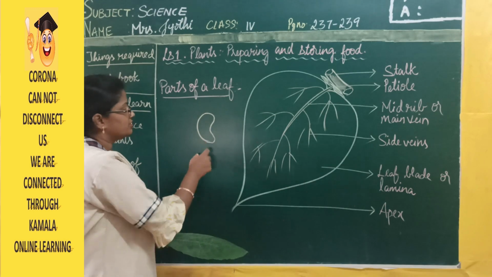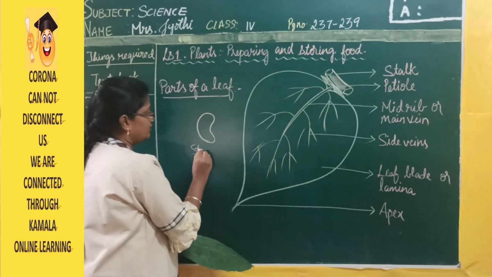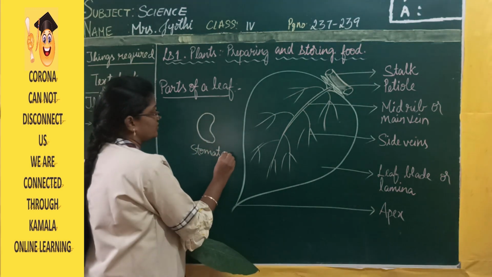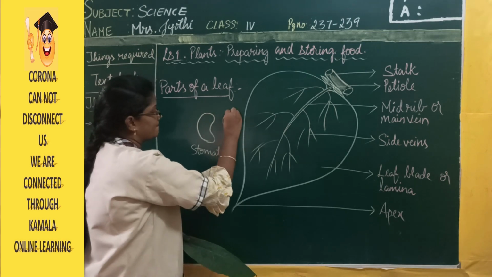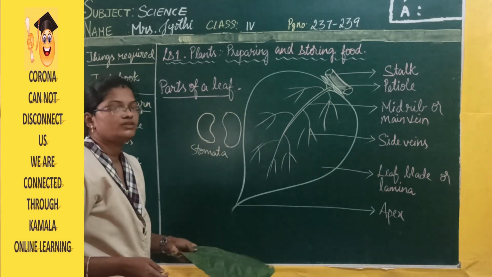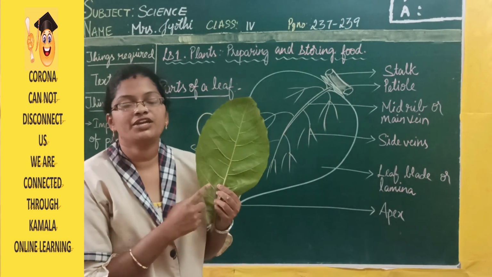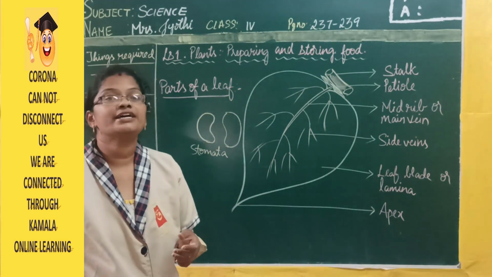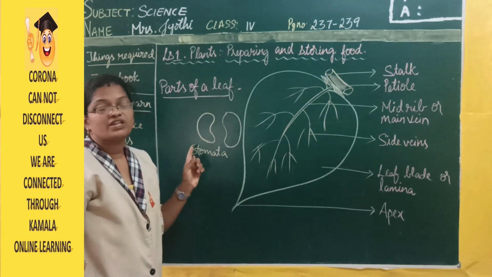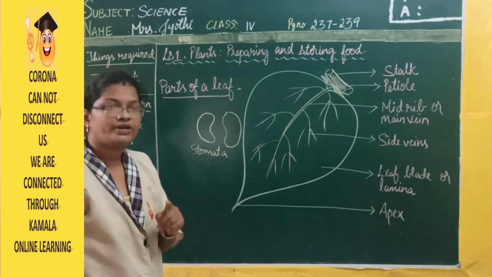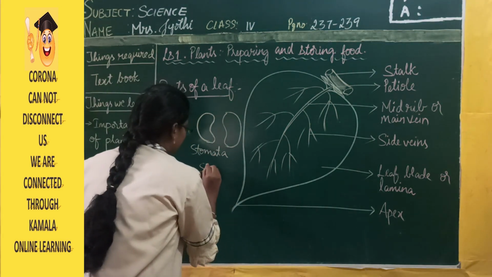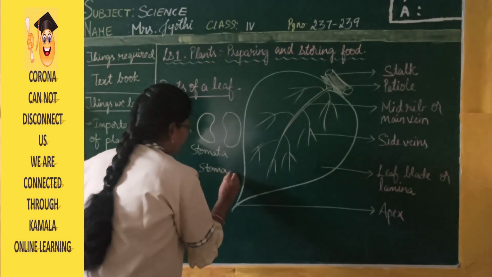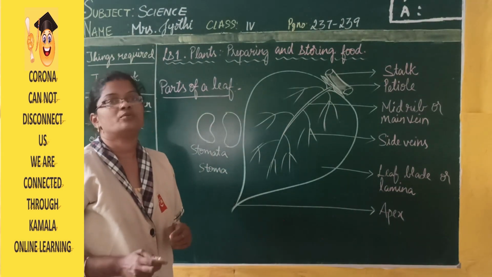This bean-shaped structure is nothing but the stomata. So on the lower side you can see bean-shaped structures which we call stomata. And the singular form of stomata is stoma.